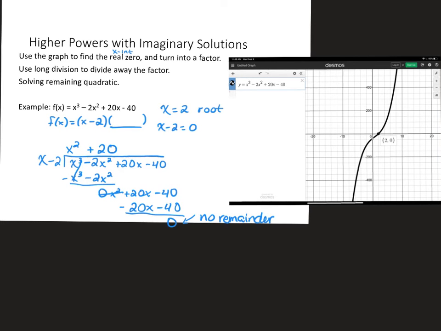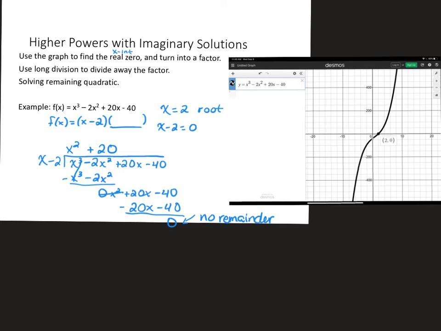Okay, so in my division, I got that x minus 2 goes into my polynomial x cubed minus 2x squared plus 20x minus 40, x squared plus 20 times. So that would mean if I were to multiply back out this factor and this factor, I would get my original polynomial that has been multiplied out.